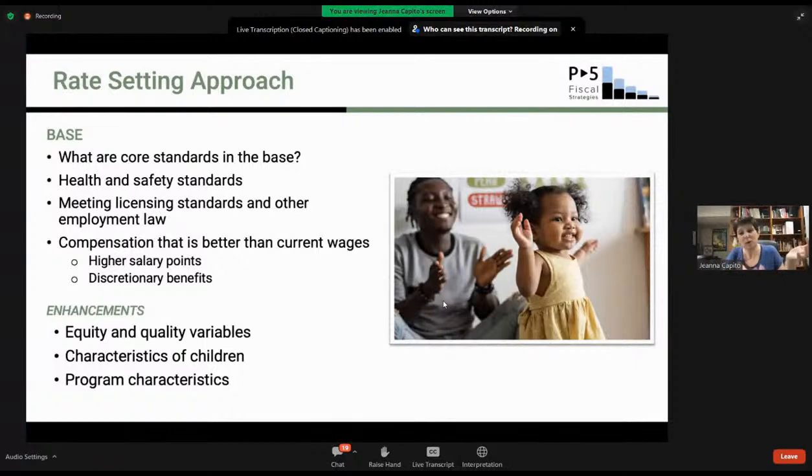Discretionary benefits are not required by licensing, certainly. There may be some things required by employment law. Some states have a minimum number of days of paid time off for employees in the state. And so we follow those sorts of laws as well when we think about the requirements that have to be in a base. But those are also things that can be put in a base even if they're not part of state employment law. And so we see that too in the examples that we're going to look at.